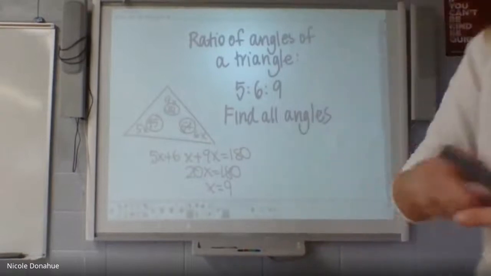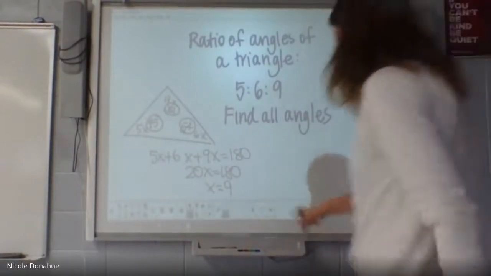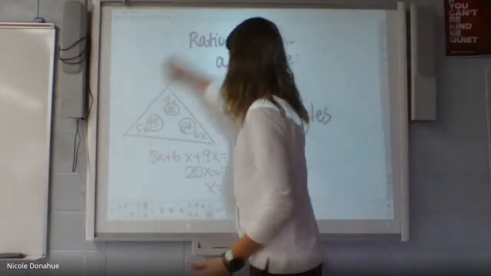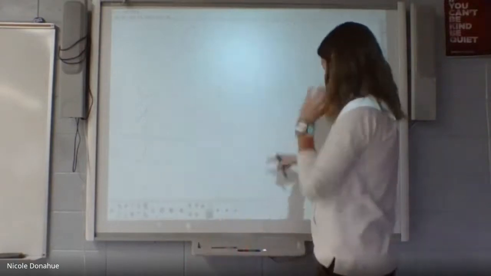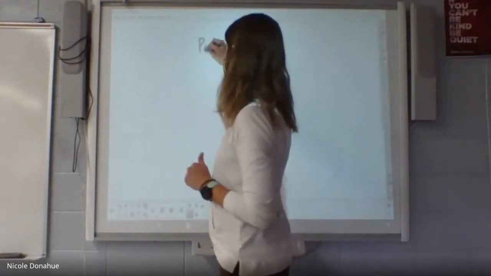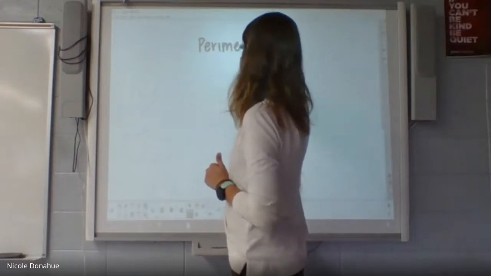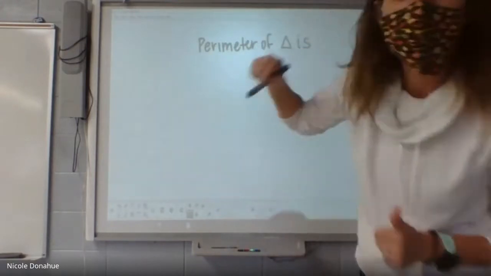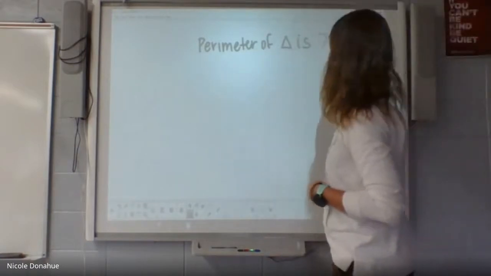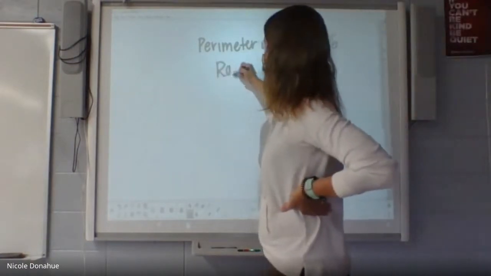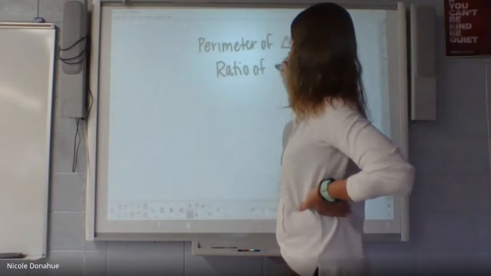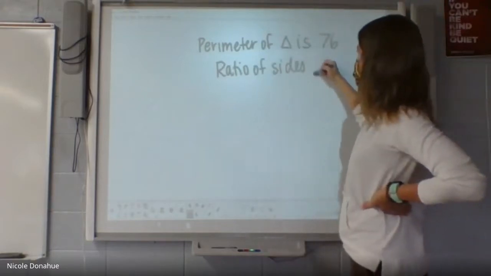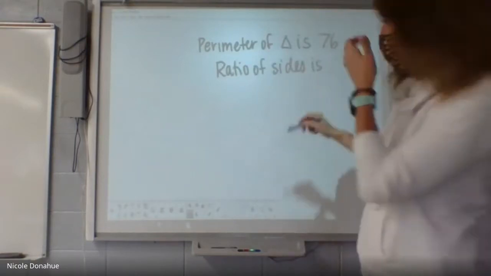Okay, so this next one, we're talking about side lengths. The perimeter of a triangle is 76. The ratio of the side lengths is 5 to 6 to 8.